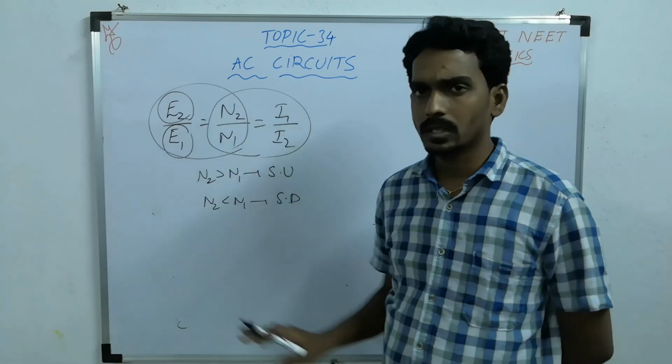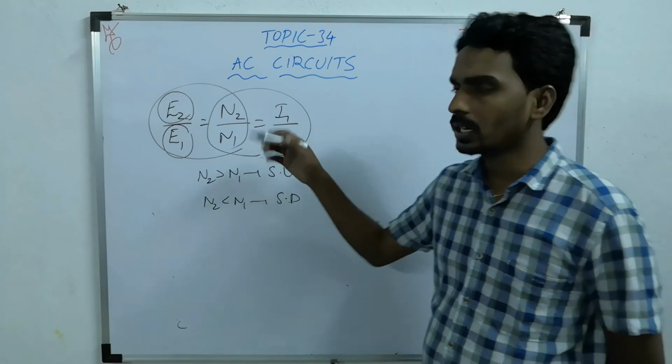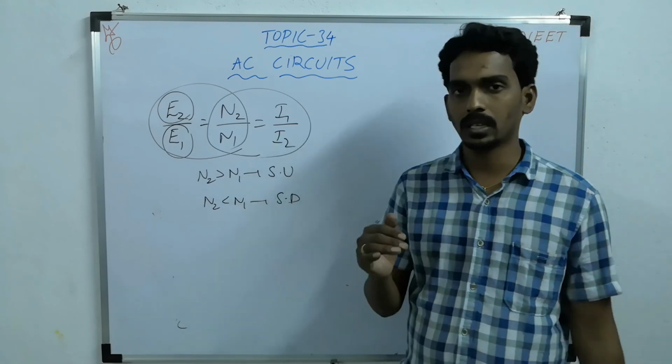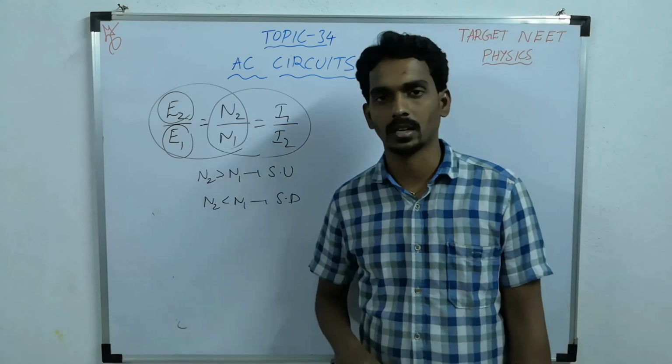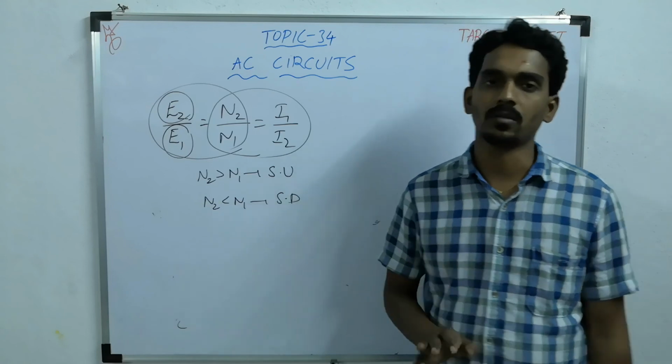So like that you try to understand, try to remember the formula. You have to take the values properly, whether it is primary voltage or secondary voltage, primary current or secondary current. Then you will get the question very easily. One of the easiest questions.